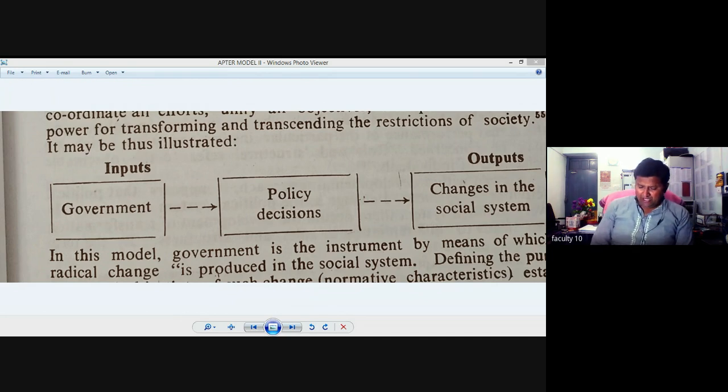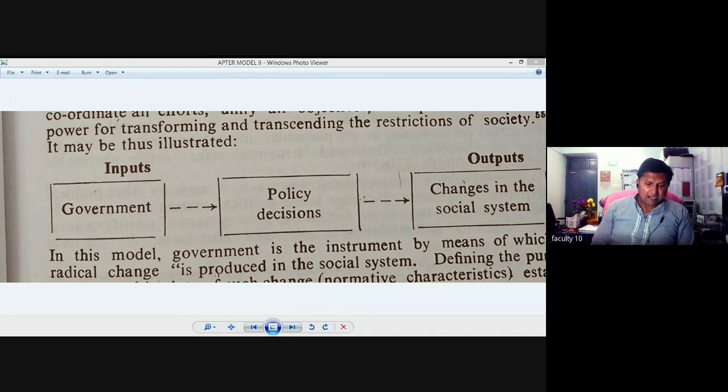The people will internalize the government's aspiration. People will socialize themselves as per the government's aspiration, and people will accept the institutions that have been made by the government to achieve its goals.